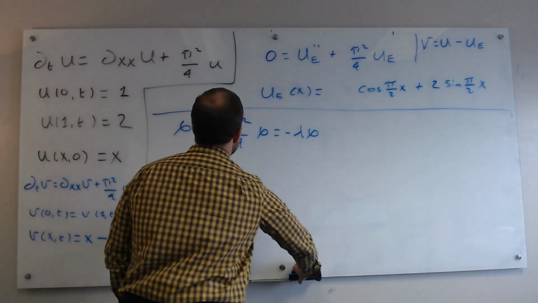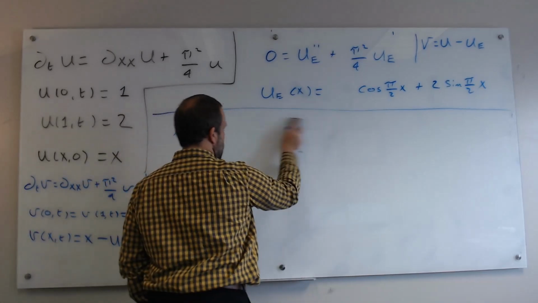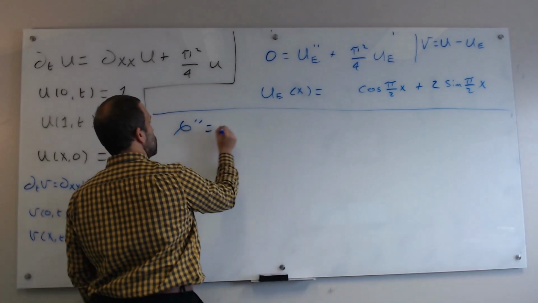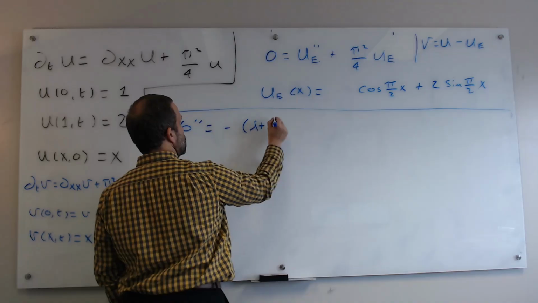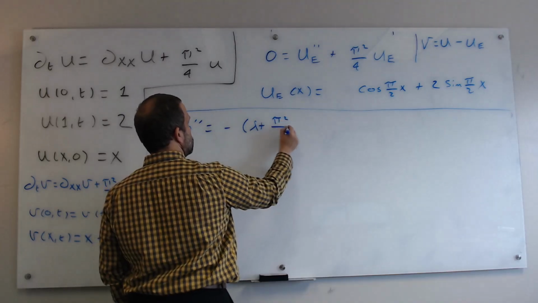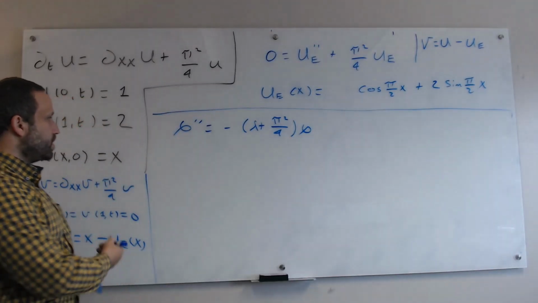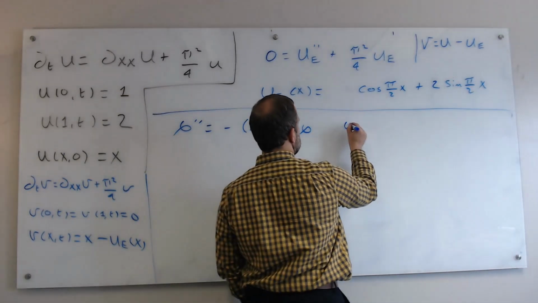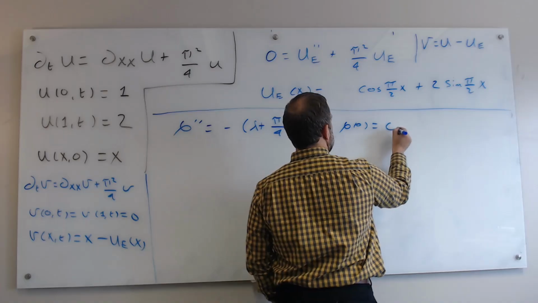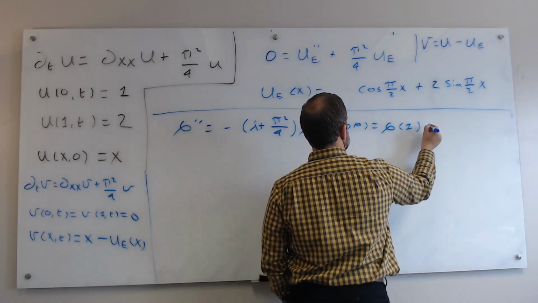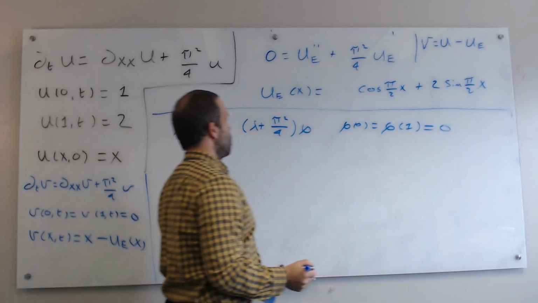And this is the same as phi double prime equals minus lambda plus pi squared over 4 phi, with the boundary conditions phi of 0 equals phi of 1 equals 0.